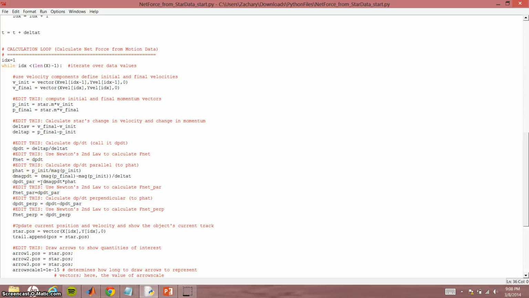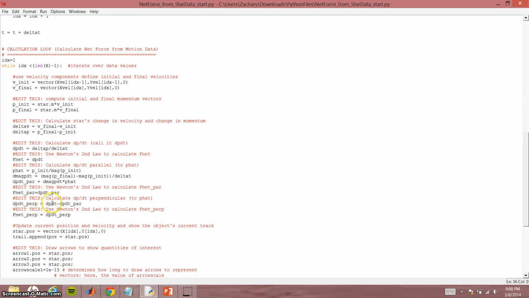Here we're finding the change in momentum parallel to the object's motion, which is based on the derivative of the momentum, and again we can set Fnet parallel equal to change in momentum parallel. Same with perpendicular.